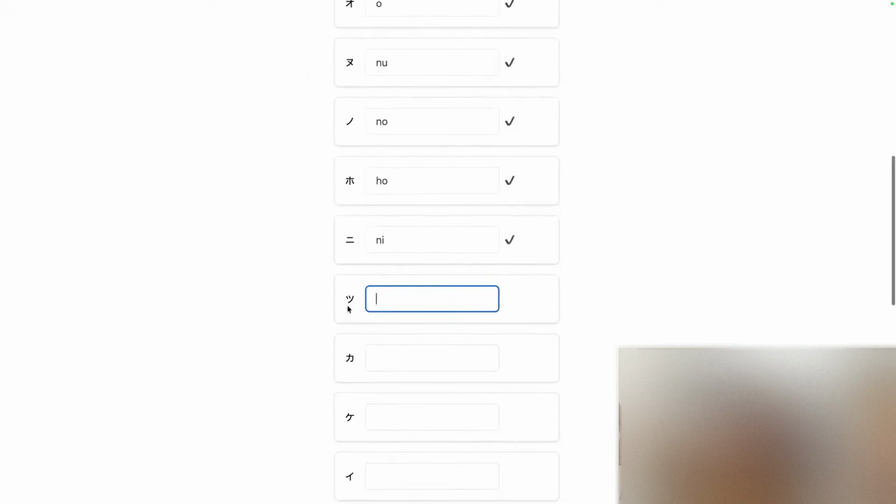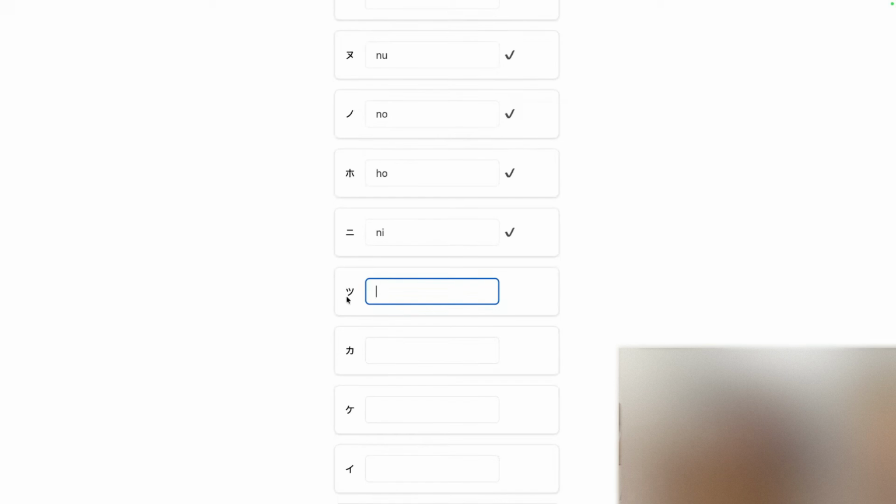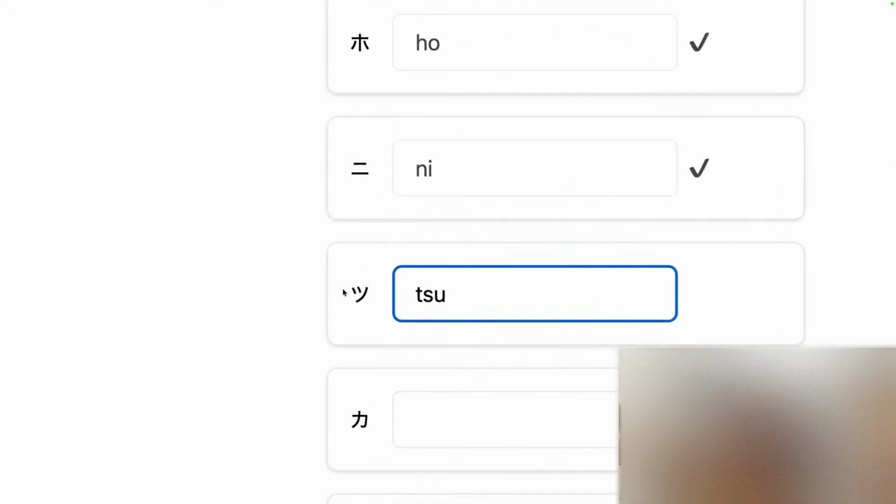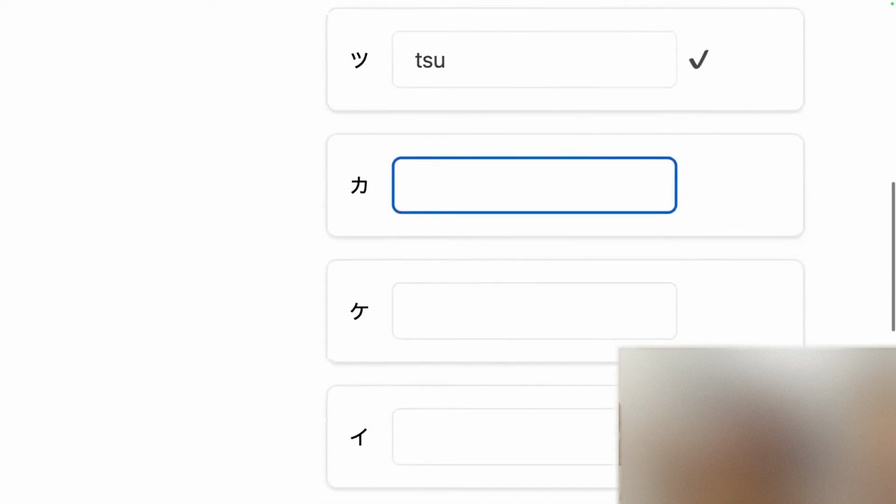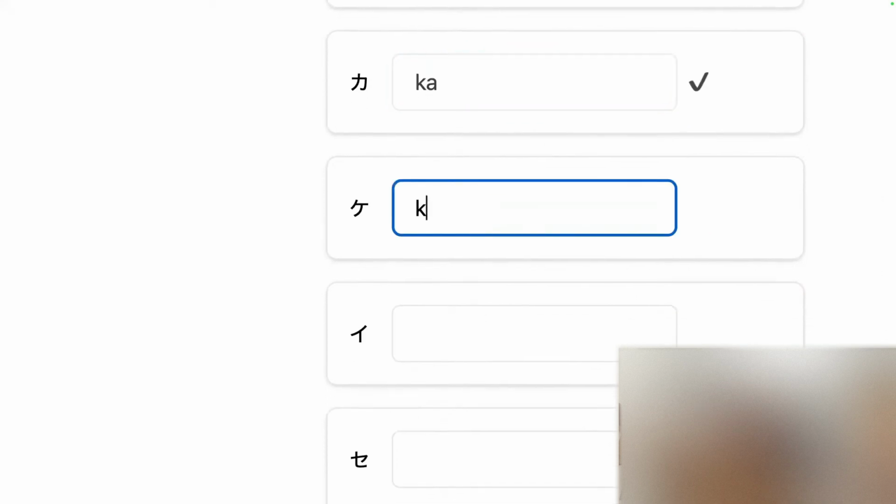This looks like the chi and shi and so pair, but it's actually tsu, because these two dashes are more diagonal. Ka. This horizontal dash extends to the right. Extends, starts with an E. This is ke.